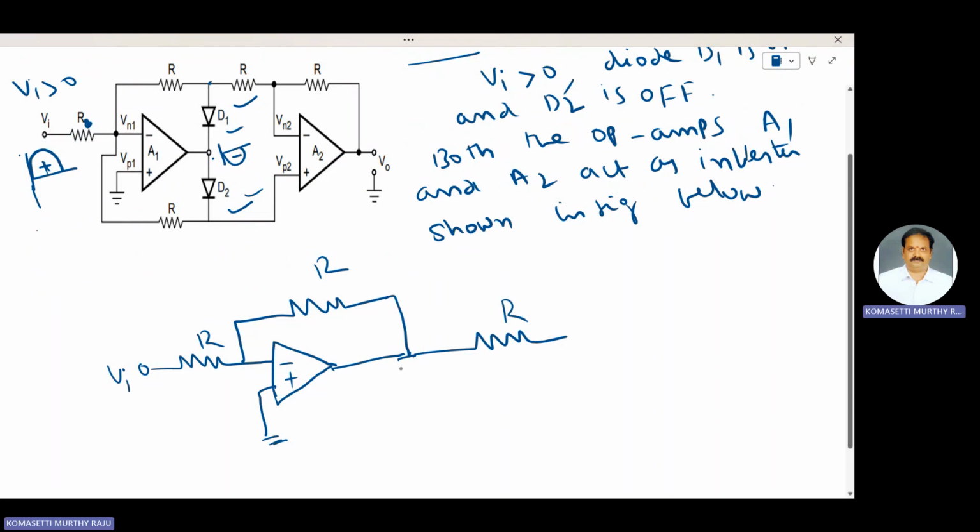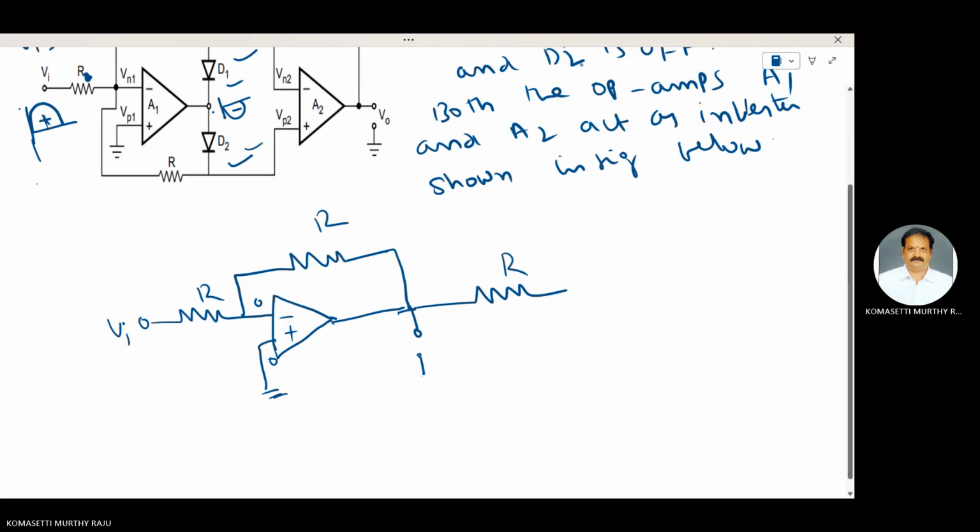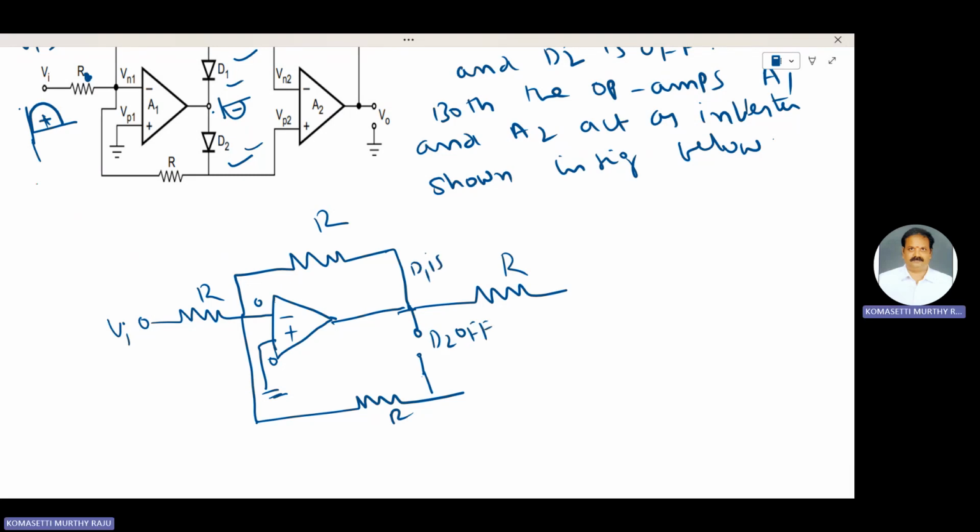D2 is reverse biased, means open circuit. Here 0 is there. This one is R. D2 is off. D1 is on, short circuited.